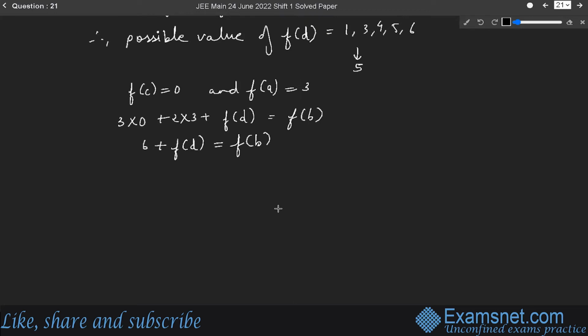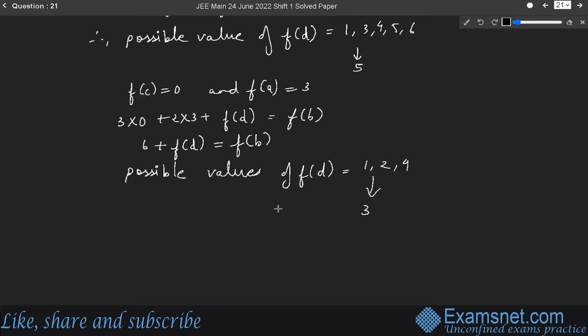Therefore, possible values of f(d), we are writing possible values for f(d) when f(c) is equal to 0 and f(a) is equal to 3, are 1, 2 and 4. So the possible functions in this case will be 3.